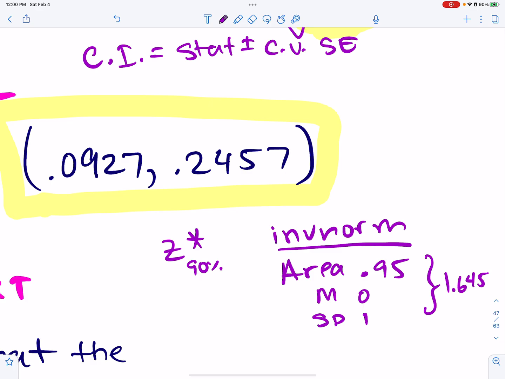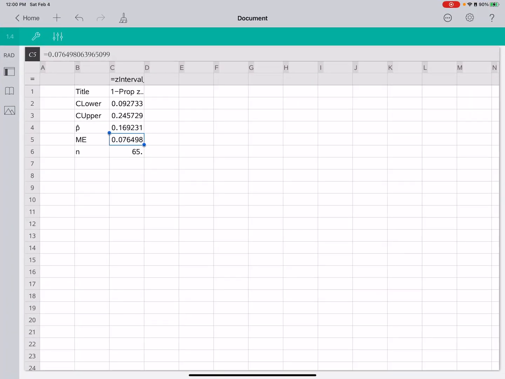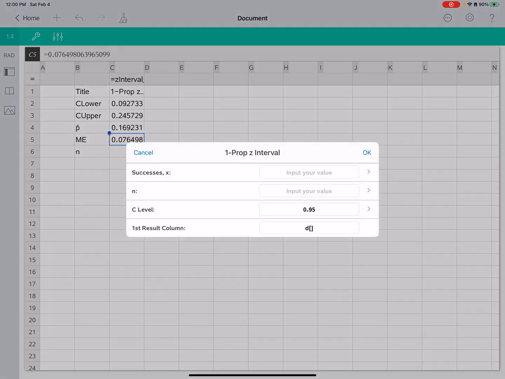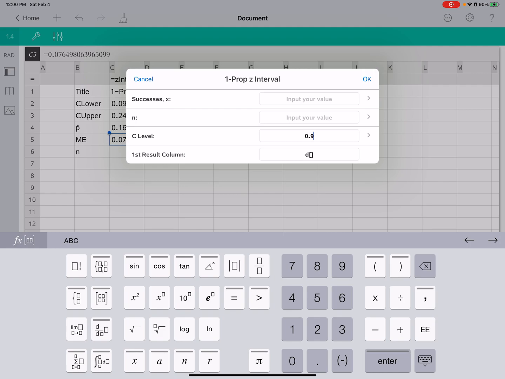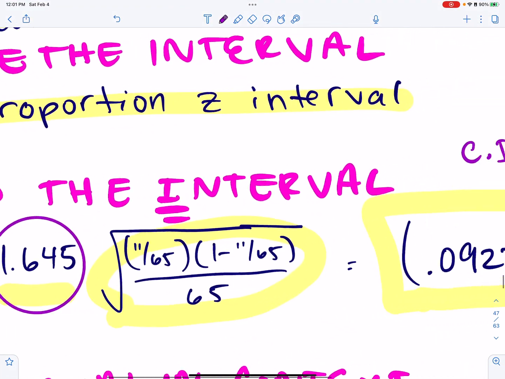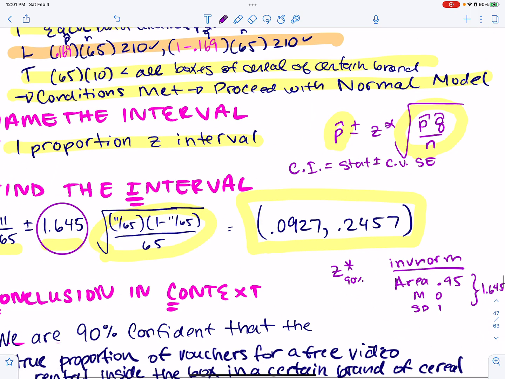1.645. Now, when you saw me put it in here on my confidence level, notice I just put in 90 because it's literally asking me for my confidence level, which is 90%. Inverse norm doesn't ask you for your confidence level, so it doesn't know that I'm trying to find the center 90%.